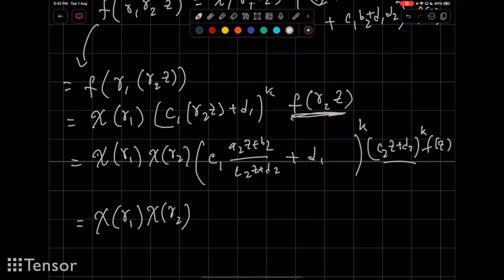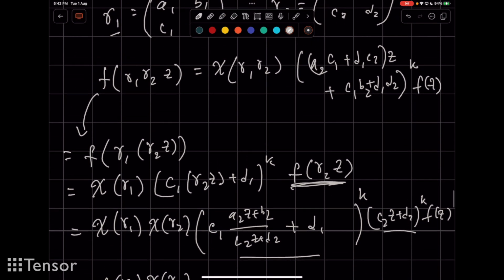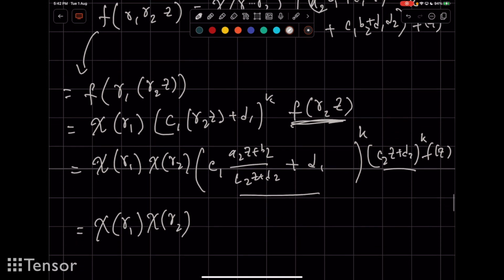Let us multiply this with this. Do we get the same thing? C1A2z and D1C2, right? So (C1A2 plus D1C2) z plus D1D2, and what is the other one?